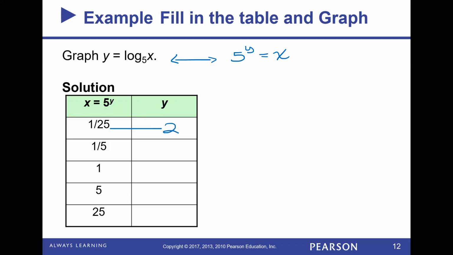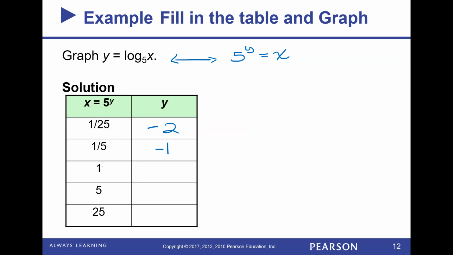Give me a second. Okay. 5 to what power gives me 1/5? Well, 5 to the first gives me 5. So if I need it in the bottom of the fraction, we're just going to put a negative on there.